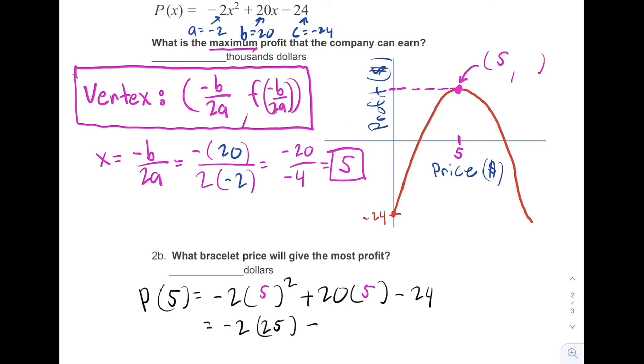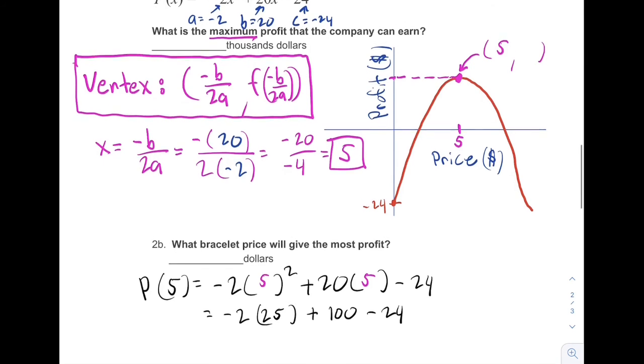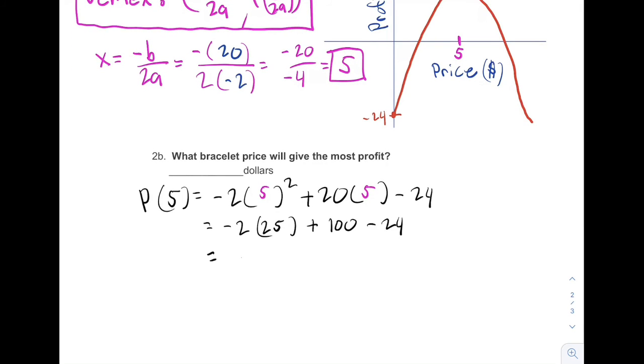So we get negative 2, 5 squared is 25, plus 20 times 5 is 100, minus 24 equals, so negative 50 plus 100 minus 24 is going to be 50 minus 24, which is 26.